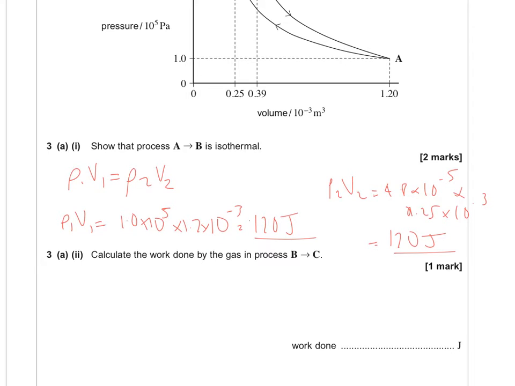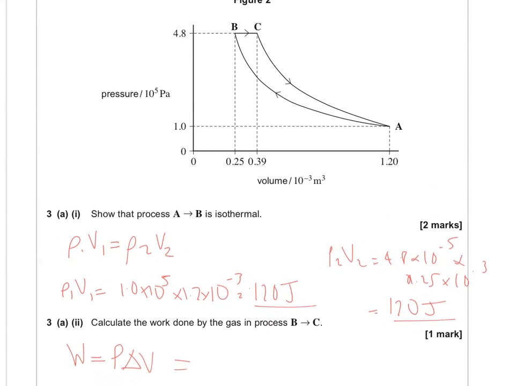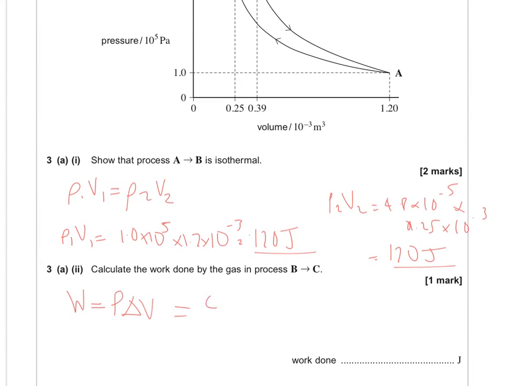During a given process, work done is going to be P delta V because pressure is constant here. So what have we got? 4.8 times 10 to the 5 times by 0.39 minus 0.25 times 10 to the minus 3.